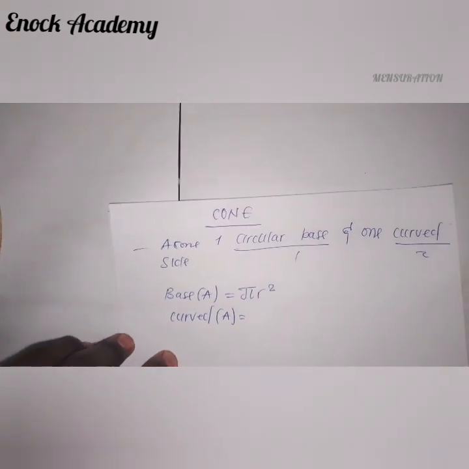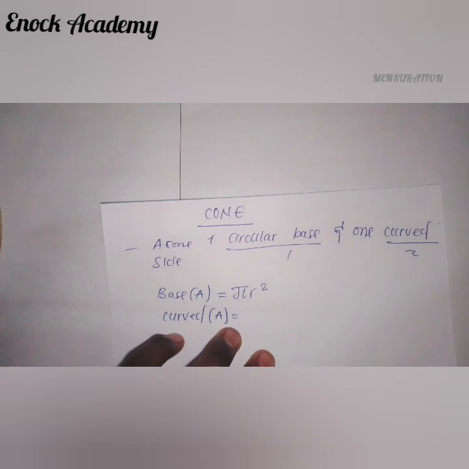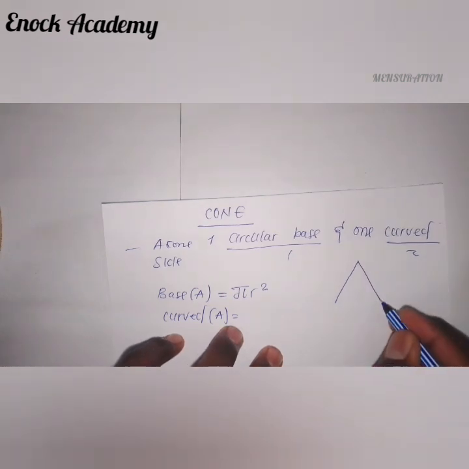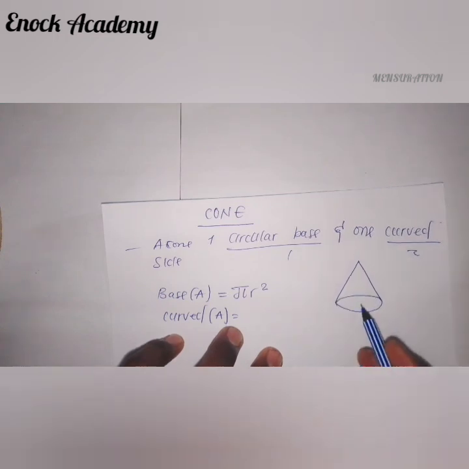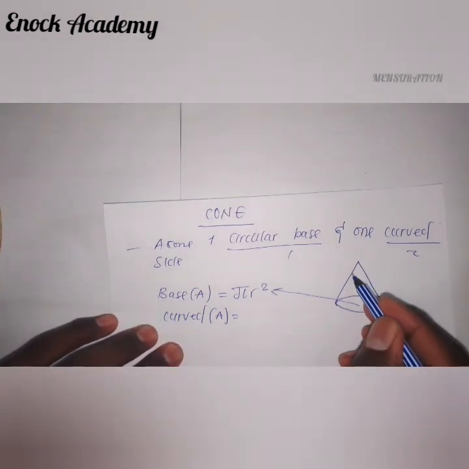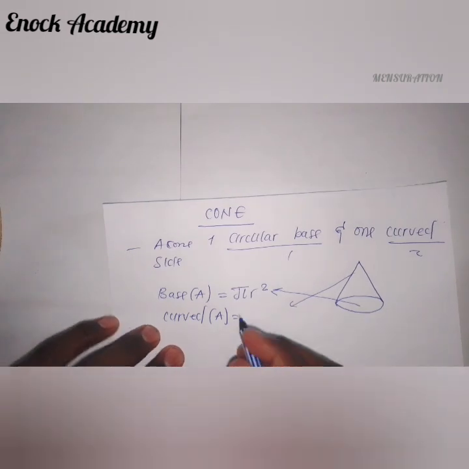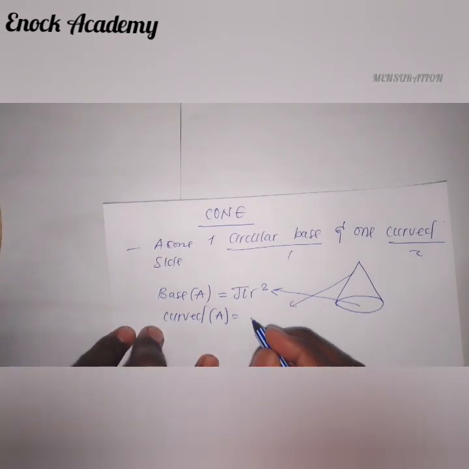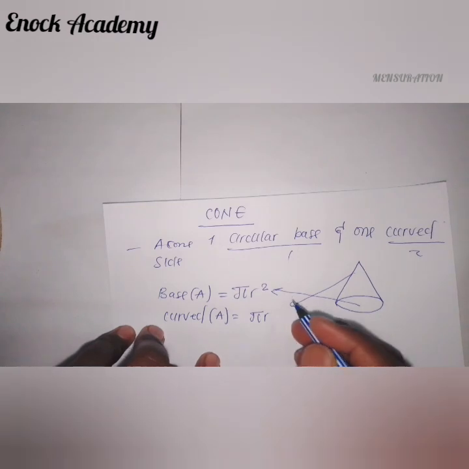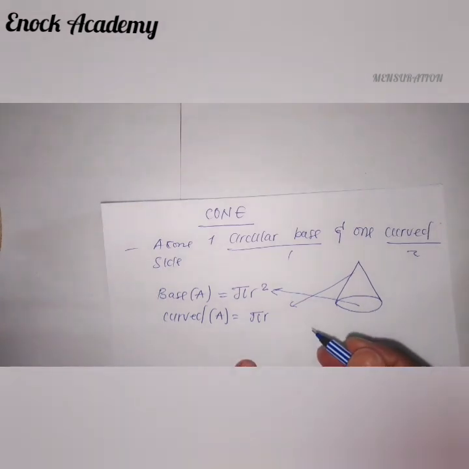Remember the cone looks like this. The curved side we're talking about is this one, and the circular base is looking like this. So this one, this is the formula. Then the curved side is pi r, remember it's round. Then the height we're talking about is the slant height.